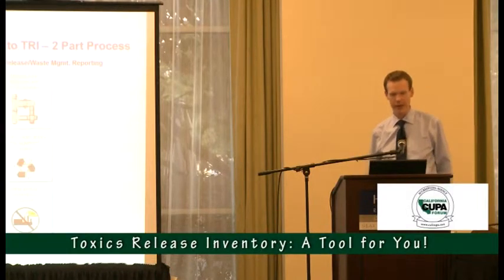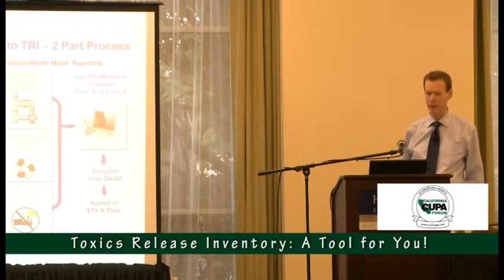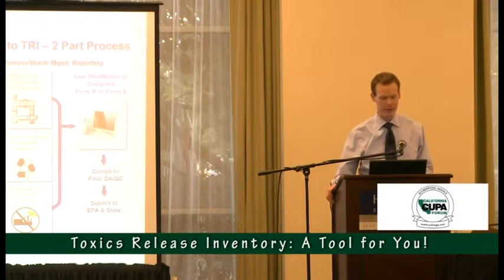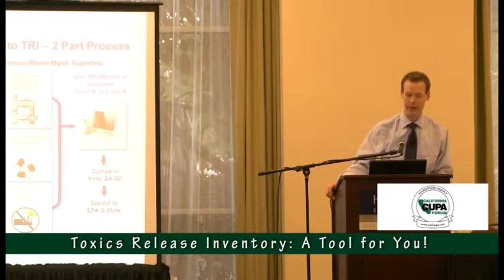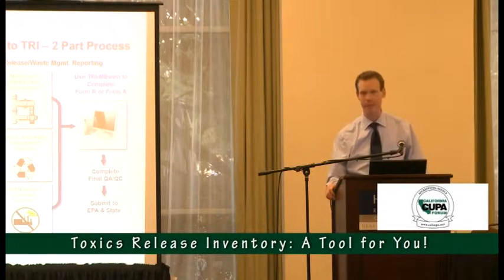So reporting to TRI, we look at this as a two-part process. So far we've looked at the first part, where we've determined that a facility would be required to report, and then identified the TRI chemicals, which we just did, that may be used at that facility.